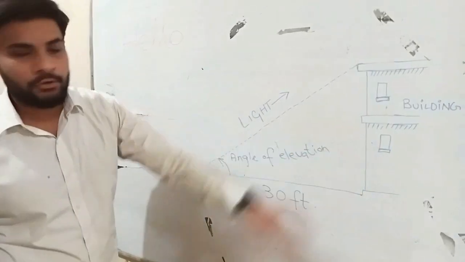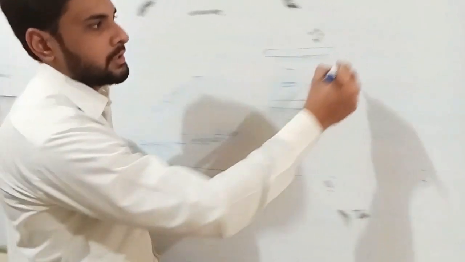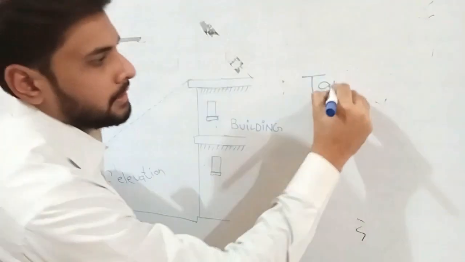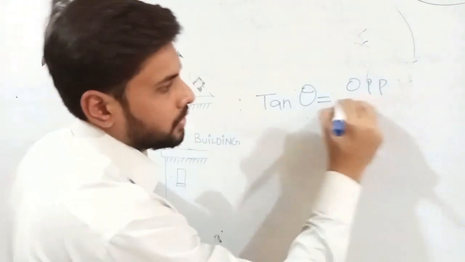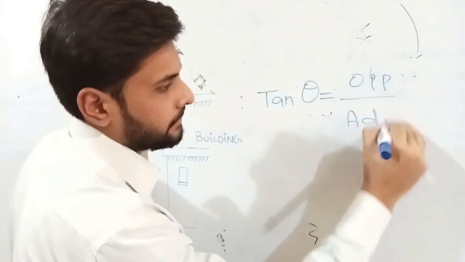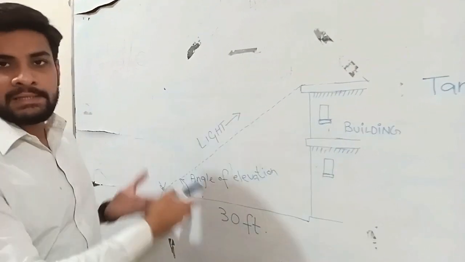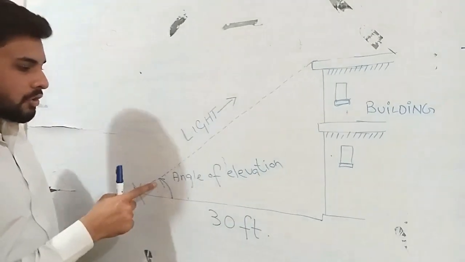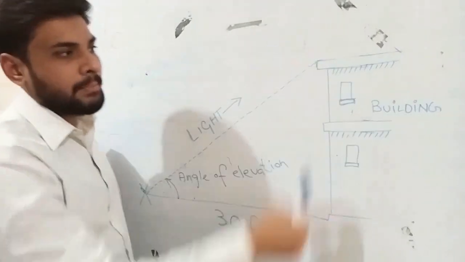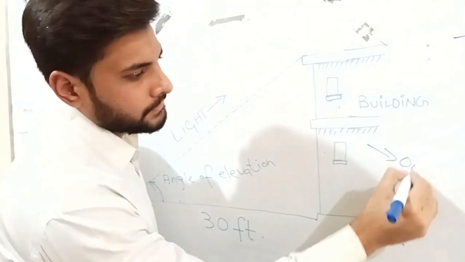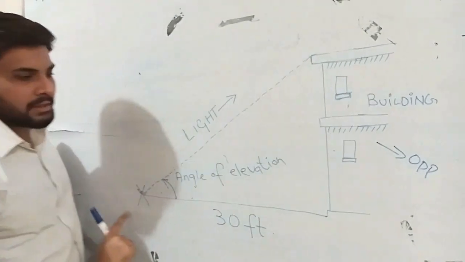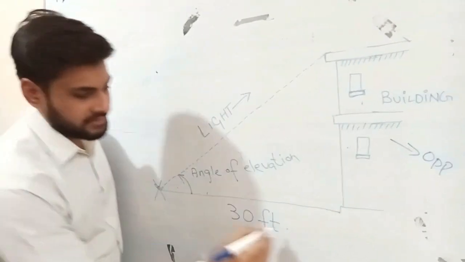So we can find the height of this building using the tan function that you know. Tan theta equals opposite over adjacent, right? If you look at this rough diagram, according to this angle, the height of the building that we are finding is our opposite, and according to this angle, this will be the adjacent side.